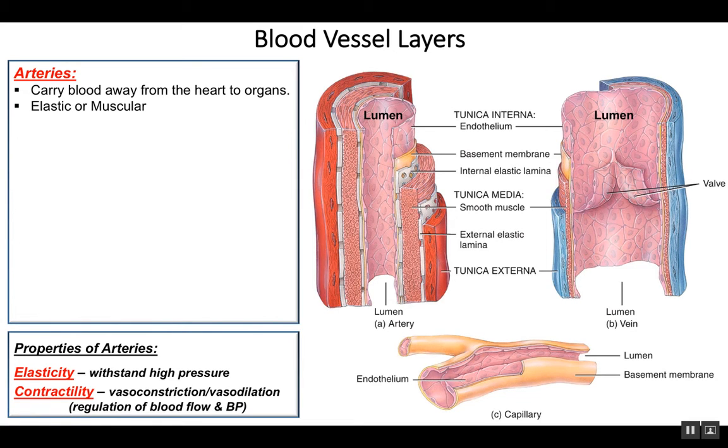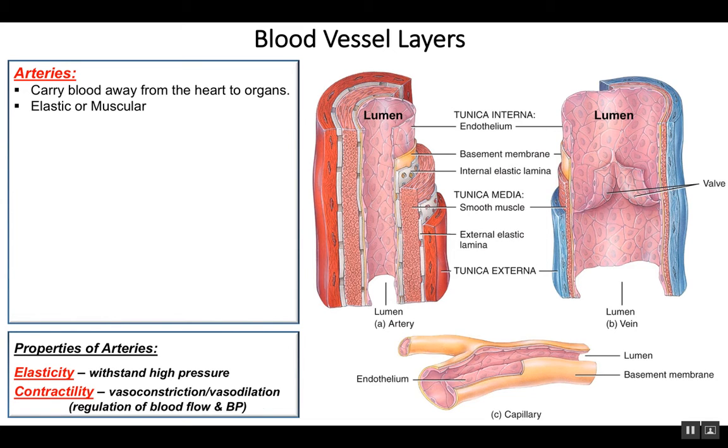So the basic differences between the 3 are: arteries have more elasticity to allow them to adjust in response to pressure changes. Arteries have more contractility to adjust the size of their lumen. We call that vasoconstriction and vasodilation. This is very useful in regulating blood flow.